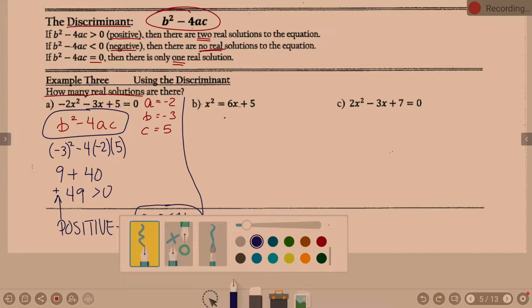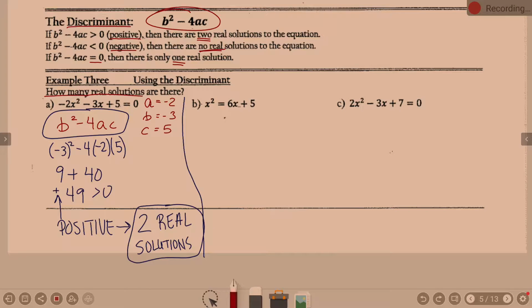Subtract x squared over. Okay. If we were trying to factor, I would disagree because I don't like negative x squareds, but it's not about factoring, right? So that's fine. If we subtract the negative x squared over, I'm going to have 0 equals negative x squared plus 6x plus 5.